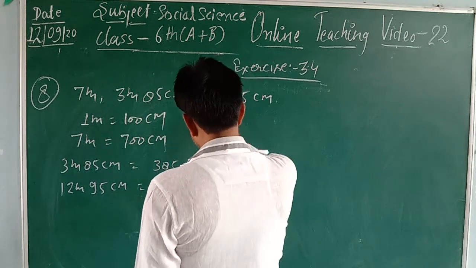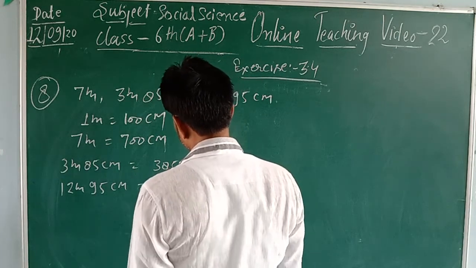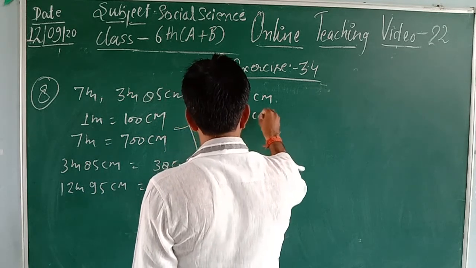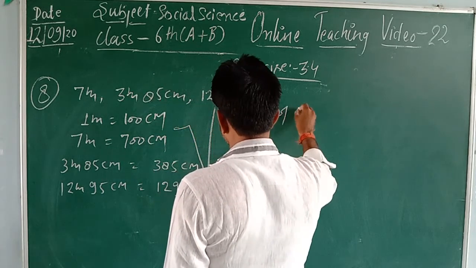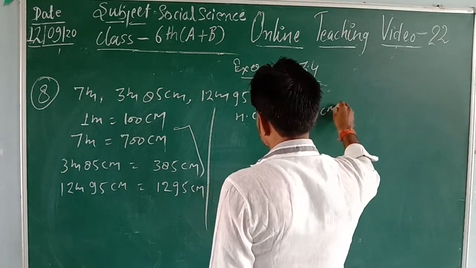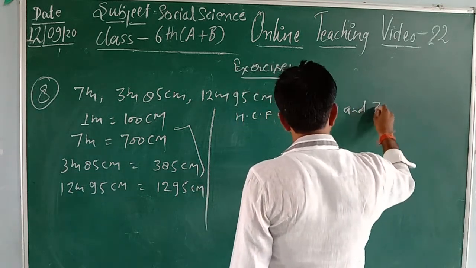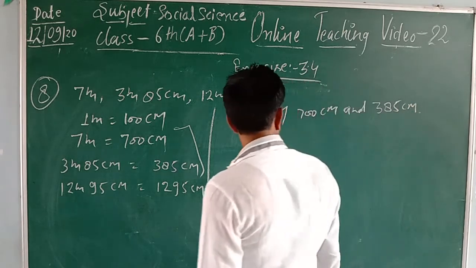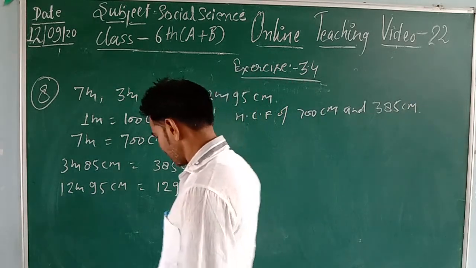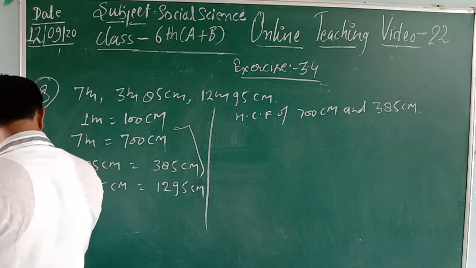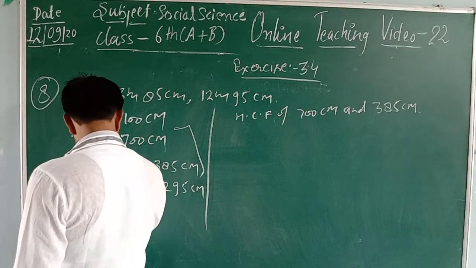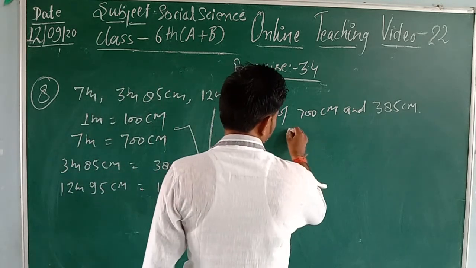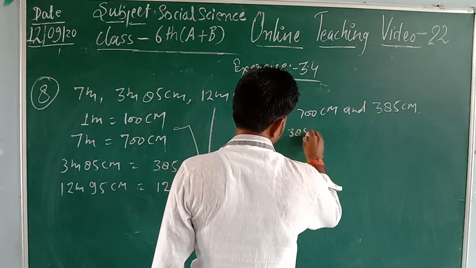Now we will take the HCF. First of all, we take two numbers: the HCF of 700 centimeter and 385 centimeter. 385 is the smaller number, so we divide 700 by 385.